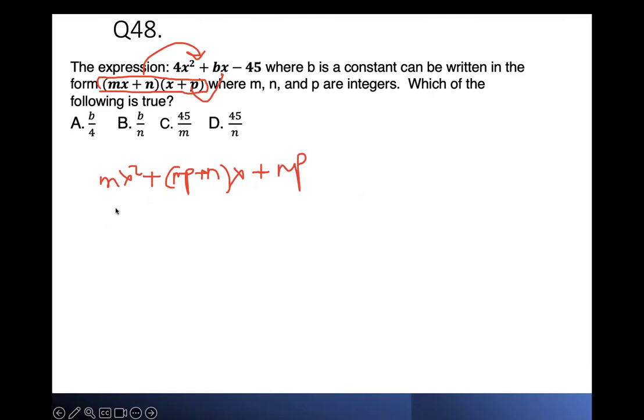Therefore, equate them. I know m is 4 right there. I know MP plus N is equal to B. I know MP is equal to 45. Or you can make it minus 45. It does not matter so far as you're just dealing with those numbers.